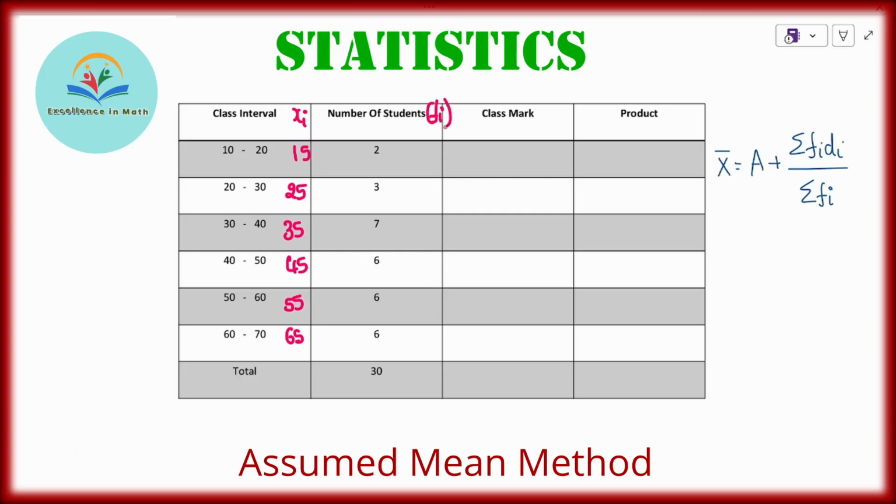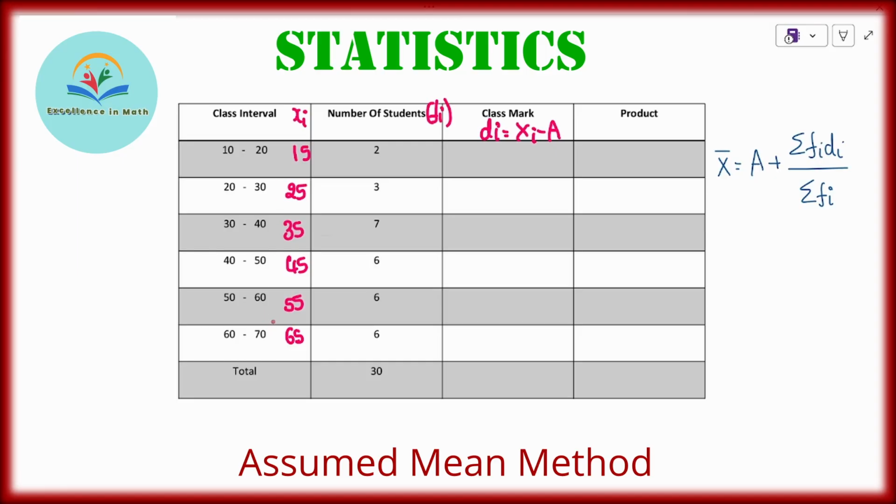Instead of reducing our calculation complexity, we are going to find another value, that is di. The di is equal to xi minus a. Now this a, what is this a? To reduce the complexity of calculations, we just need to identify the assumed mean, which is the middle class mark.